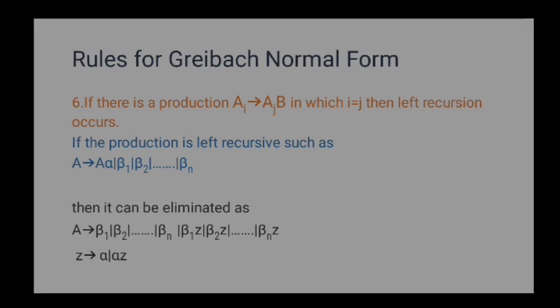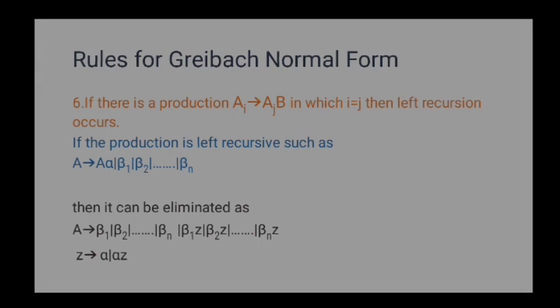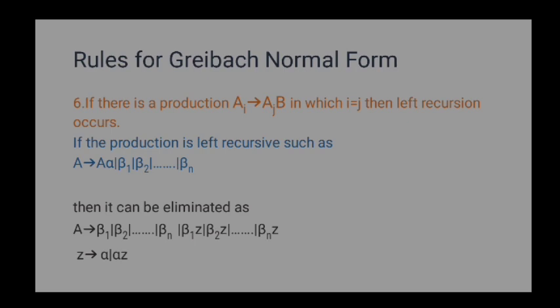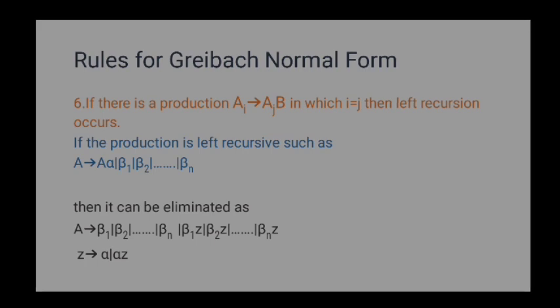Then we introduce a new variable Z. Whatever comes after the left recursive variable A, that is alpha, we introduce Z tends to alpha, then add Z to alpha itself. This is the way of eliminating left recursion.